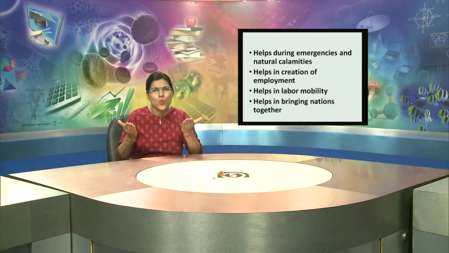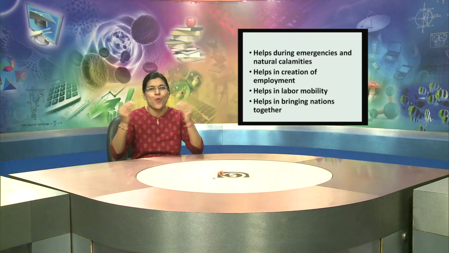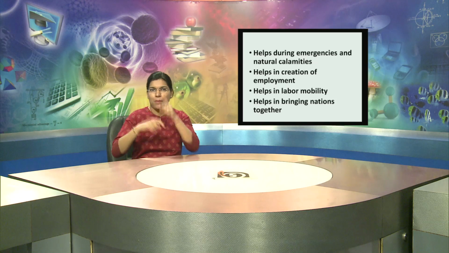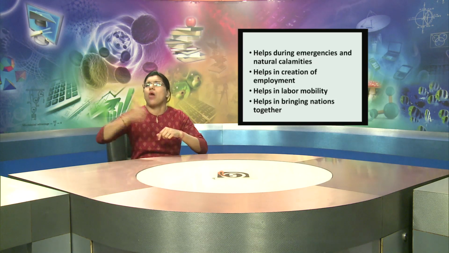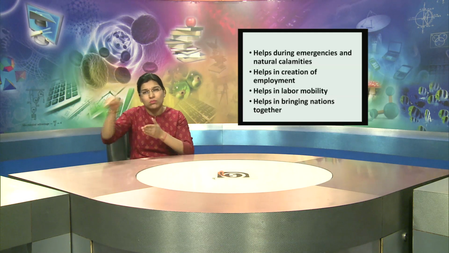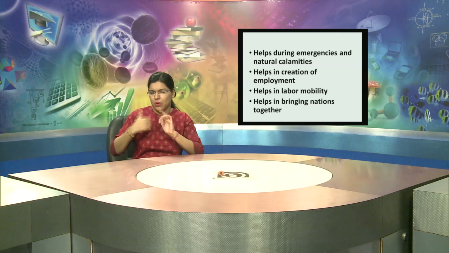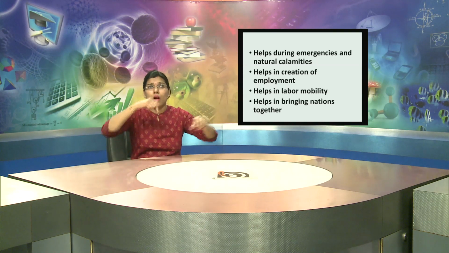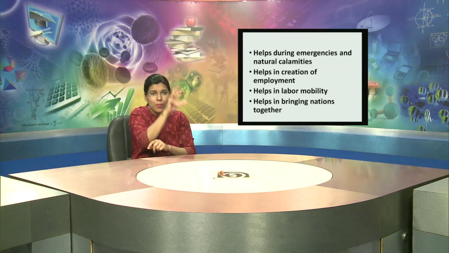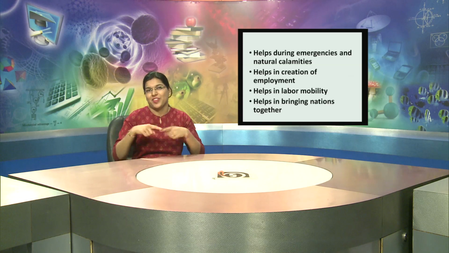Next point is help in job opportunities. For example, there is a company which starts a business and there is a person who wants things in a village. There is a producer but no seller. In the entire country there are so many job opportunities.